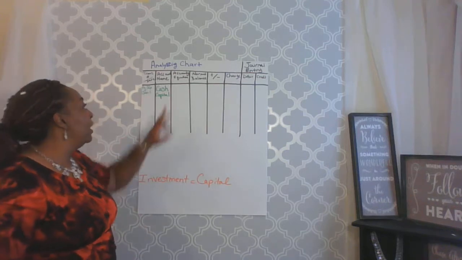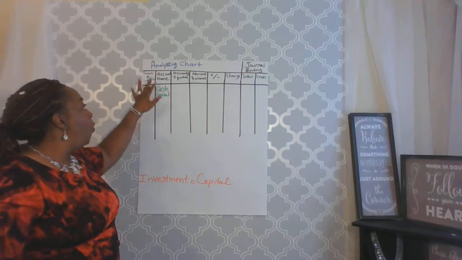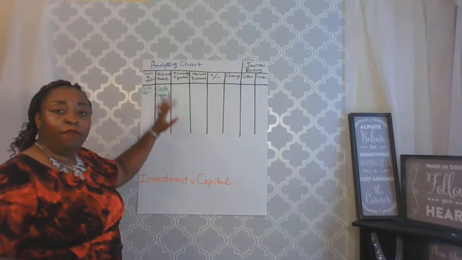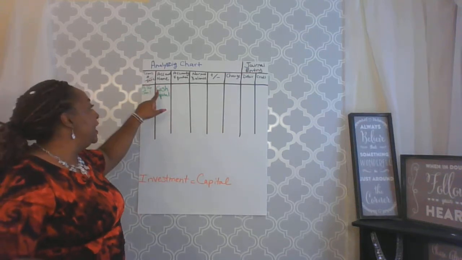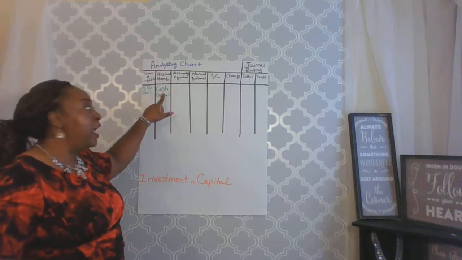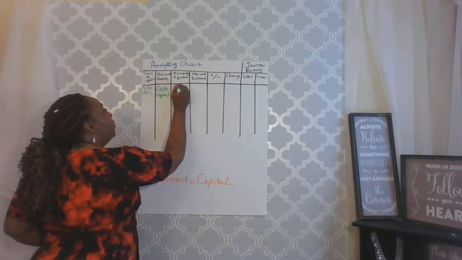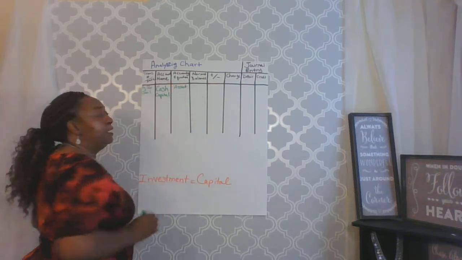Minimum of two. The next one is the accounting equation. The question you would ask is, where do these accounts fit into the accounting equation? Is this account an asset, liability, or owner's equity? So cash is an asset.